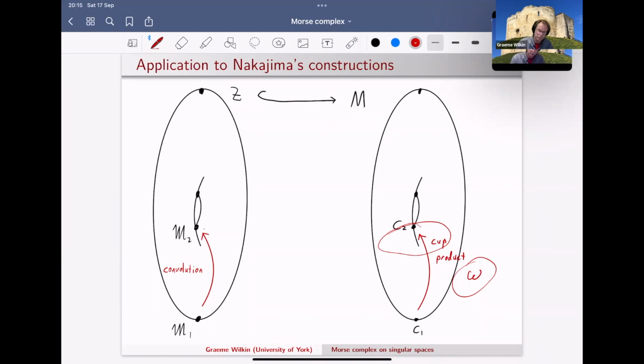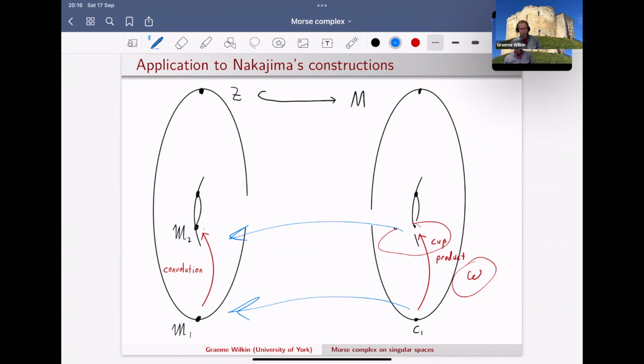So it's something we can write down, but not explicitly in the polynomial ring, not yet. And then the idea is when you pull everything back to the singular subset, that corresponds to the convolution in Nakajima's picture. So that's a theorem.